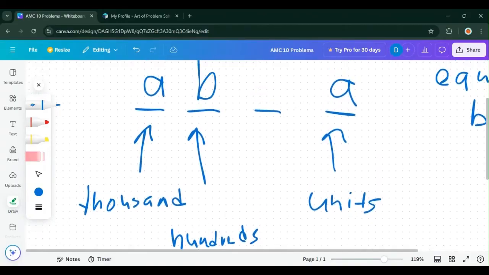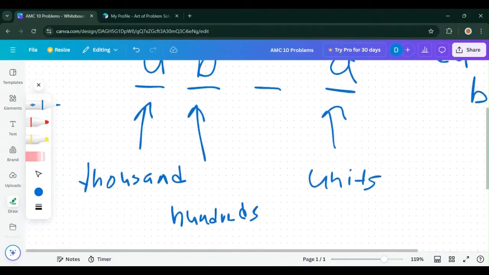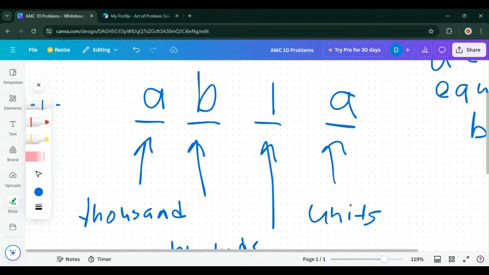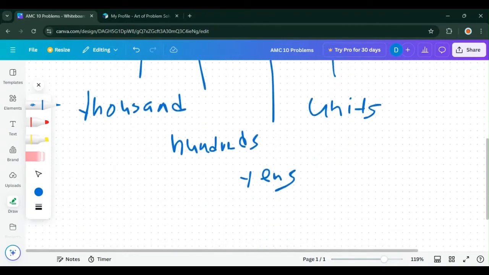Since B is the hundreds digit, the tens digit is also B, because it has to be the same as the hundreds digit.